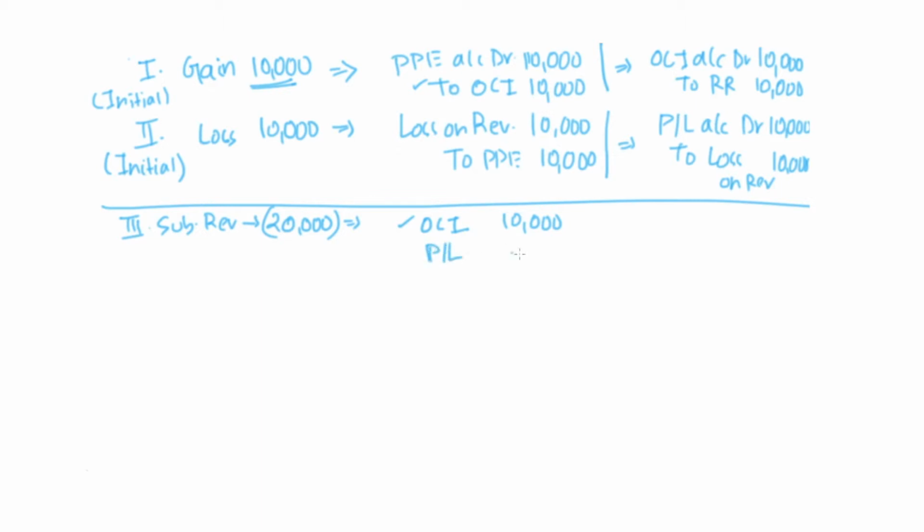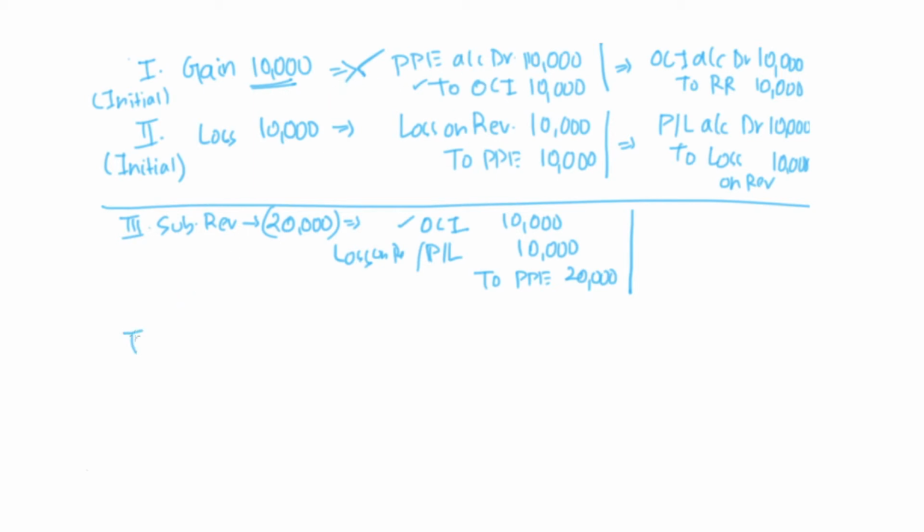Then we'll transfer the unadjusted difference to the P&L. That is basically the loss on revaluation, and to the PP&E by $20,000. Similarly, if there is an upward revaluation of property, plant and equipment, and again we had an upward revaluation, so this entry will prevail, which means PP&E account debited by the revaluation gain to OCI.